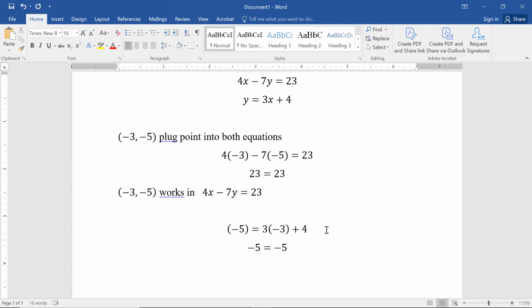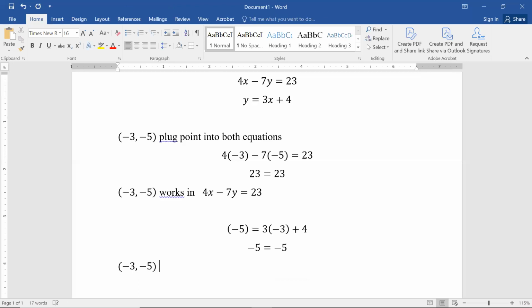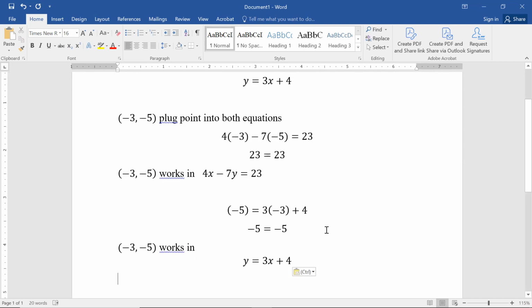So the point negative 3 comma negative 5 works as a solution in the equation y equals 3x plus 4.